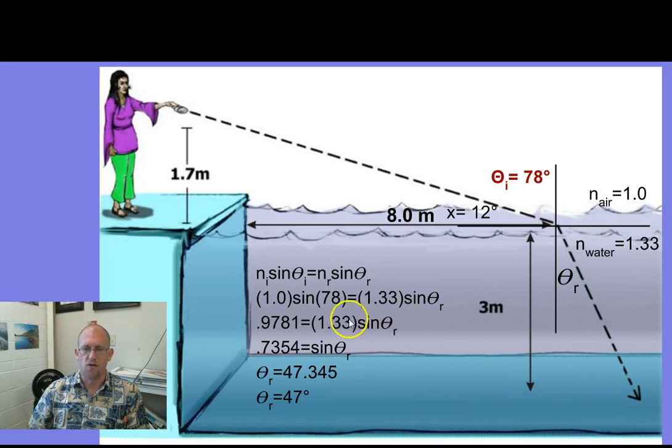I don't know sine theta r, so I'll just leave it this way for right now. I'm going to divide the 1.33 out from both sides, so I get 0.7354 equals the sine of theta. Take the inverse sine of both sides. Theta r is 47.345 degrees, and so that is my answer here. I'm sorry, that's the refracted angle, not the index of refraction.